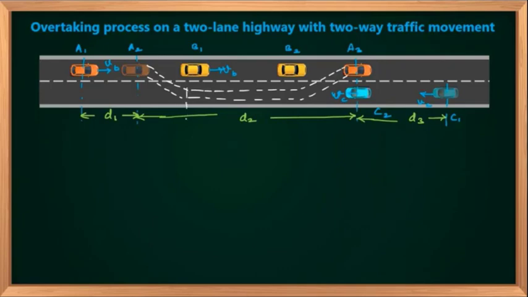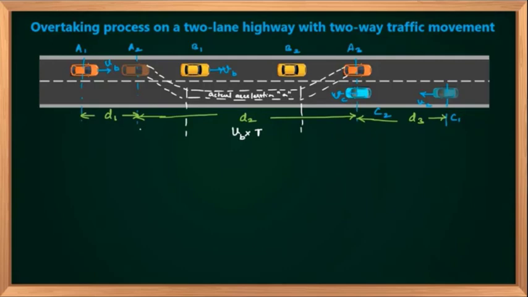And this distance is called VB at time capital T, because it is accelerating here, actual acceleration is taking place. That is, acceleration is represented as small a.